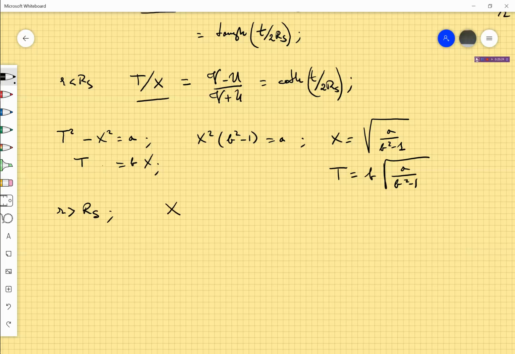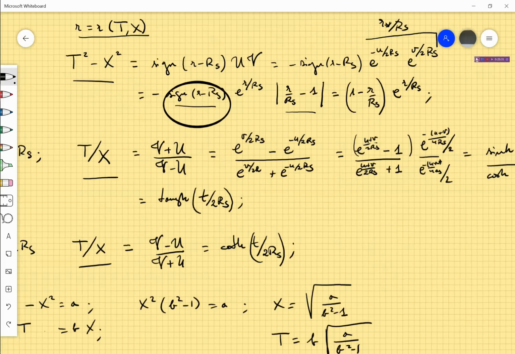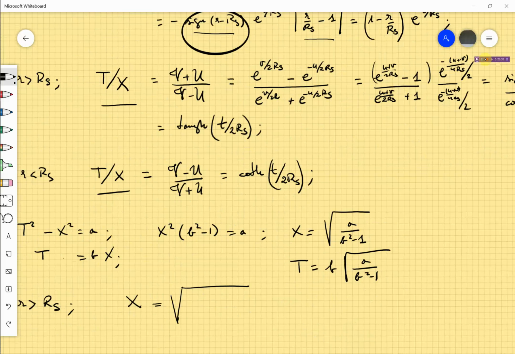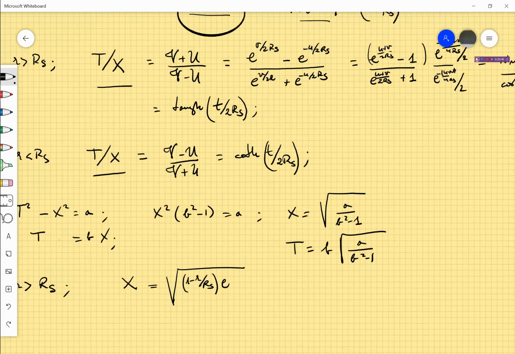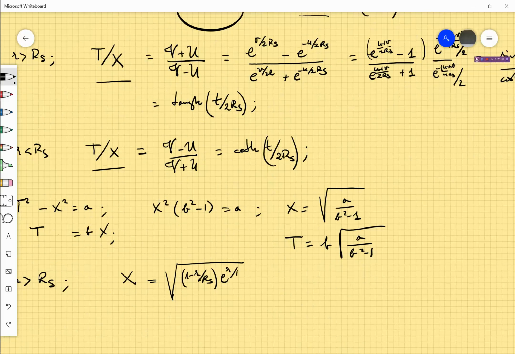Okay, and here X will be the square root of A, which is 1 minus R divided by Rs, sorry, and the exponential of R divided by Rs, and B squared, here B squared for R larger than Rs is the hyperbolic tangent of T divided by 2Rs squared minus 1.